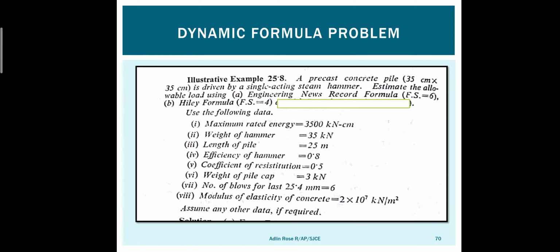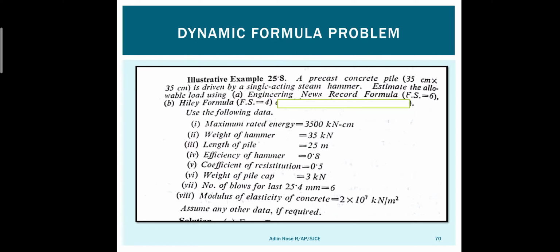Use the following data. Maximum energy is equal to 3500 kilonewton centimeter. Weight of the hammer is equal to 35 kilonewton. Length of the pile is equal to 25 meter. Efficiency of the hammer is equal to 0.8. Coefficient of restitution is equal to 0.5. Weight of the pile cap is equal to 3 kilonewton.